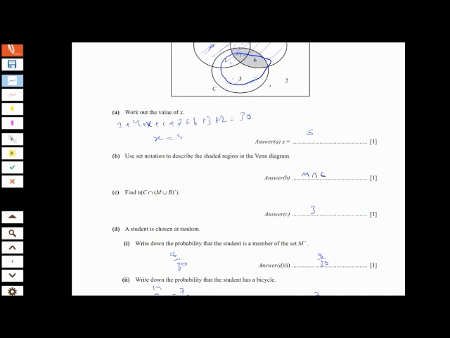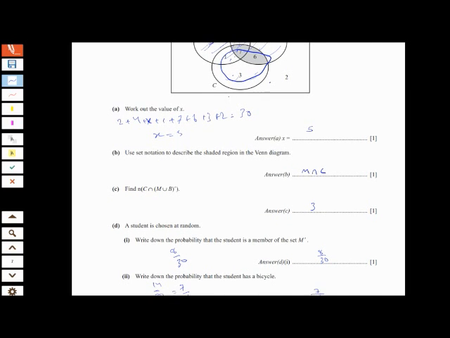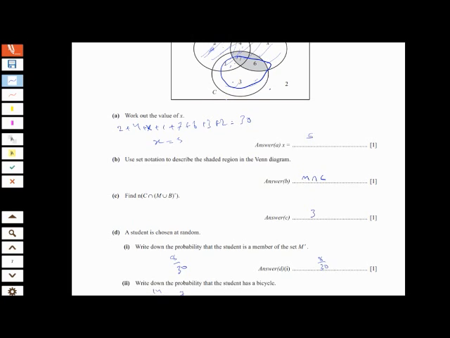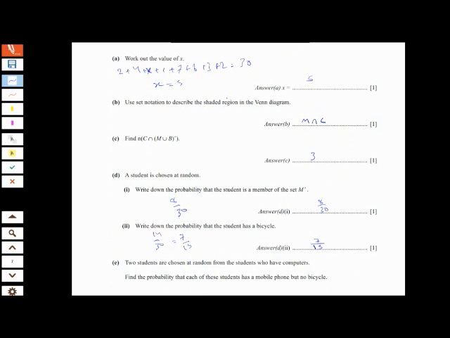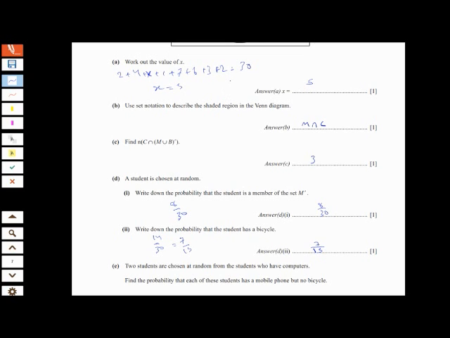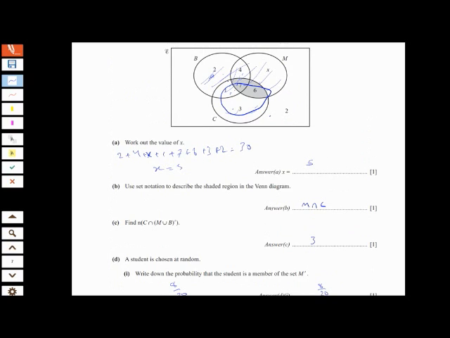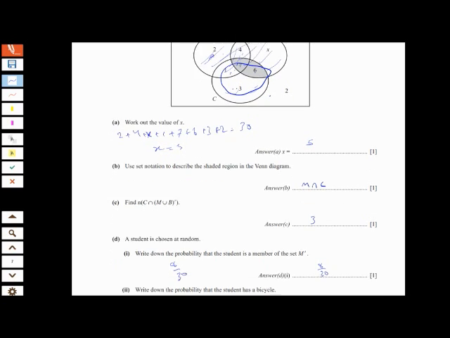And now they want to know two students, not one, chosen at random. Find the probability that each of these students has a mobile phone but no bicycle. So 7 and 6 have a mobile phone but no bicycle. So what you do is start with 6.